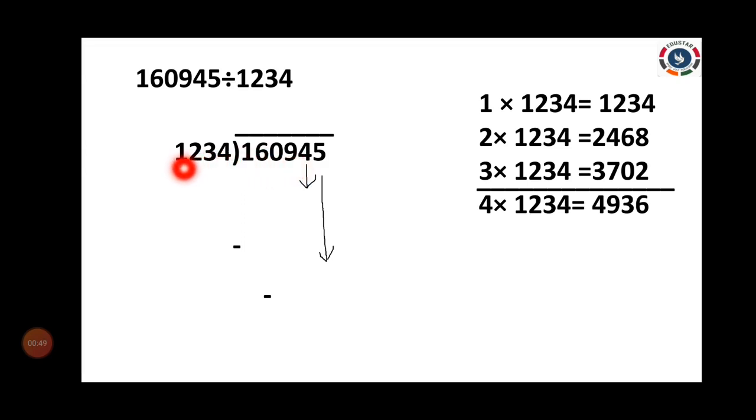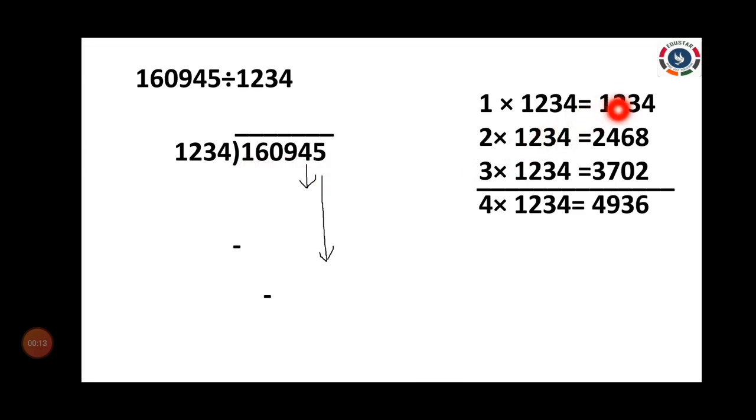Now 1,234 is less than 1,609, so the divisor is lesser than the dividend, and we can tell how many times it is there. How many times is 1,234 there in 1,609? You have to check with the multiplication table for a product equal to 1,609 or less than 1,609.